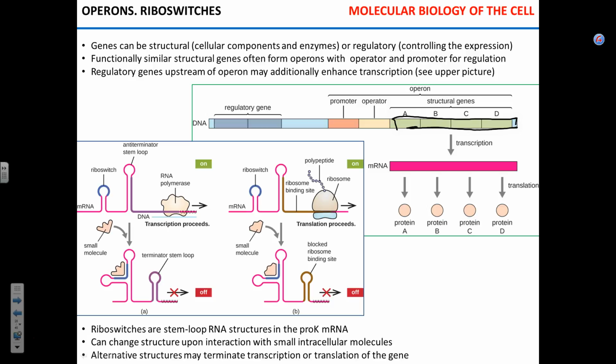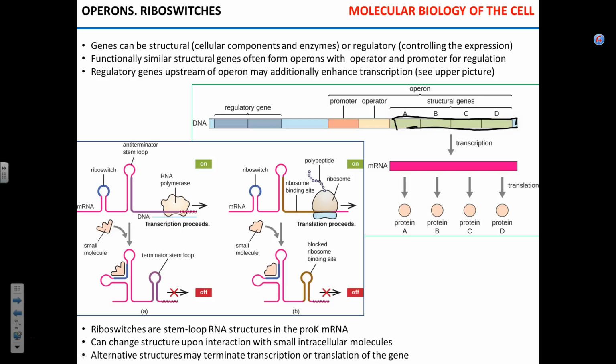No, that's translation. RNA polymerase binds something that starts. No, it's translation. No, that's replication. Okay, it promotes the transcription. Promoter. It binds promoter.